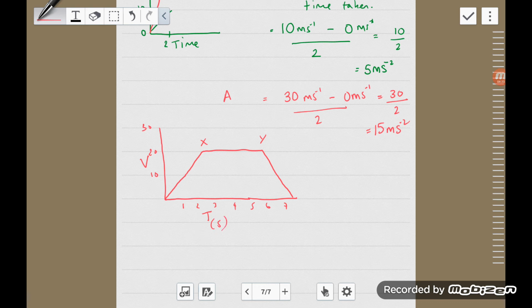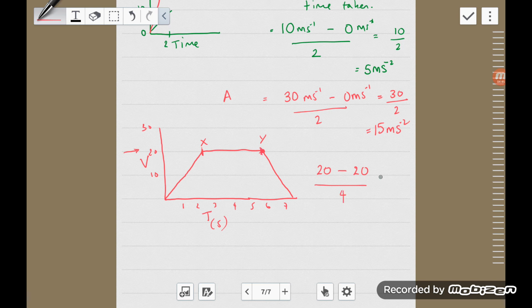Imagine if they said, what's the acceleration between x and y? We'll use the same formula. Okay. We have a velocity of 20 at x and 20 at y. So our final velocity is 20. Our original velocity at x is 20, over, it started off at 2 seconds and goes to 6 seconds.